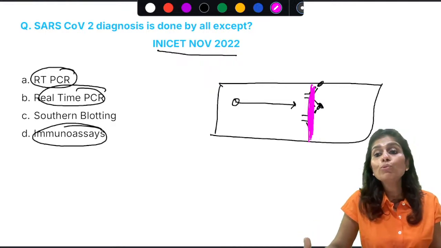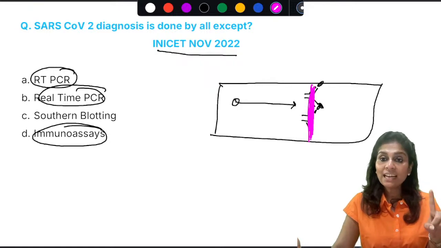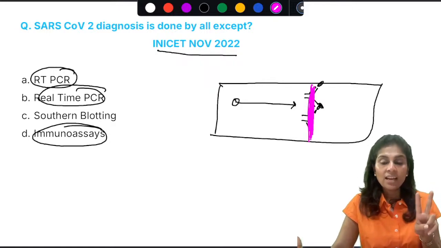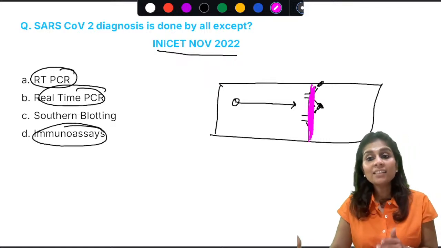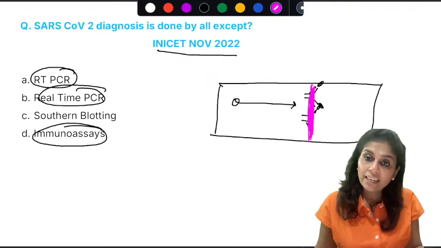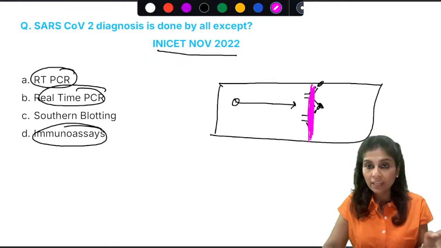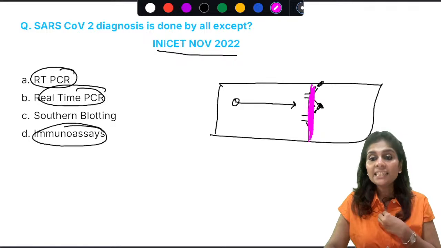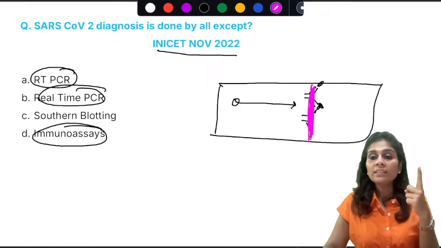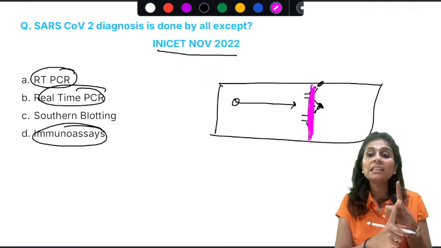So it's an immunoassay. So for SARS-CoV-2, we have molecular diagnostic assays and immunoassays. And if you're asking me application wise, what is the difference? As I told you, molecular diagnostic technique will be the most sensitive and the most specific. Yes, it's going to be the most specific because I specify that I want SARS-CoV-2 twice. Once in the form of reverse transcriptase PCR, the other one in the form of real-time PCR.